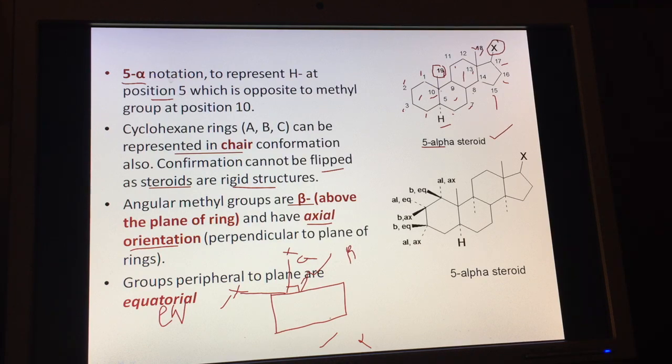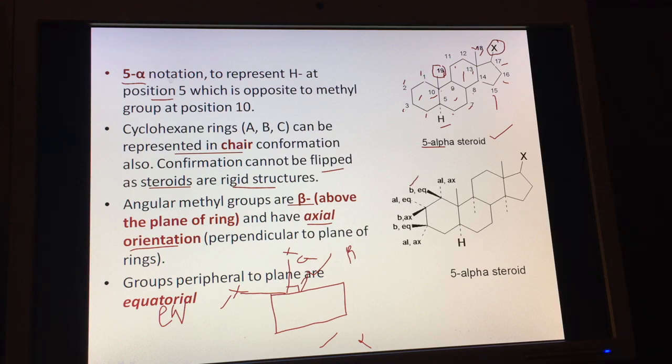So if you look at the stereochemistry of 5 alpha steroid, then we have these CH2 groups like this. In the case of 5 alpha steroid, this hydrogen is of alpha configuration and its orientation is axial. The second hydrogen is of beta.